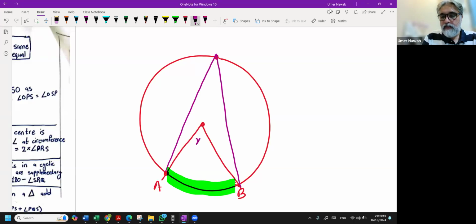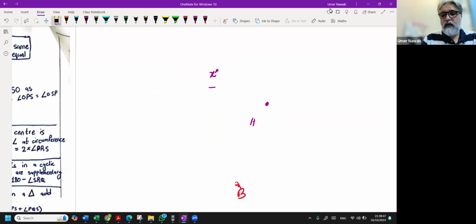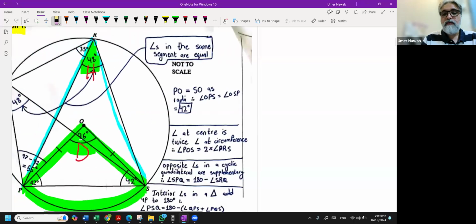If this angle is 2x, at the back it is always x. So as I said, this is double and this is always half. Clear? If I pick this point, it is also the same, double and half. If I pick this point, this is double and this is half. And the name of this property is: angle at the center is double the angle at the circumference.